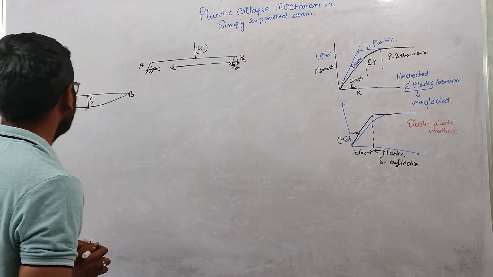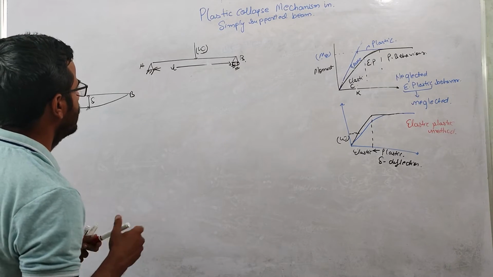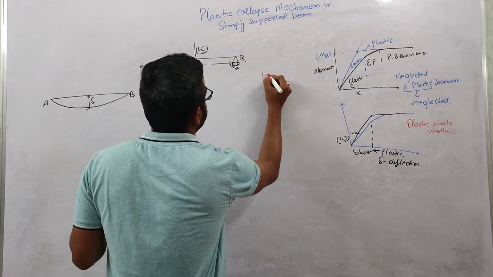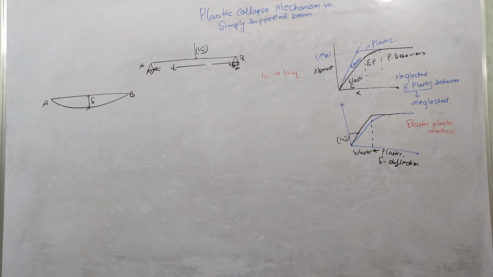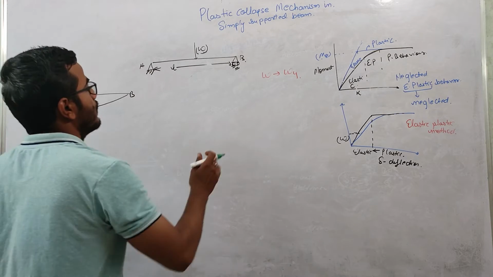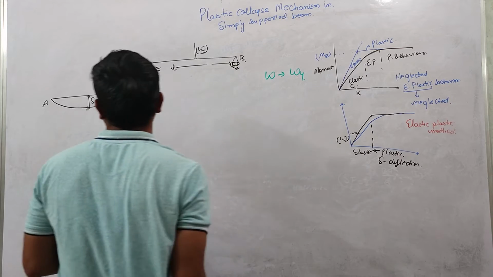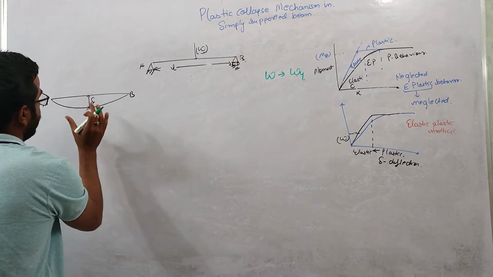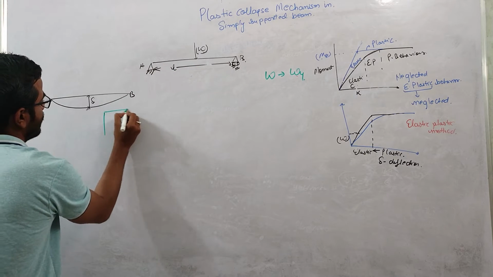Now when I increase this W load to, let us suppose, Wy. Now let us suppose the cross section of this beam is a rectangular cross section.